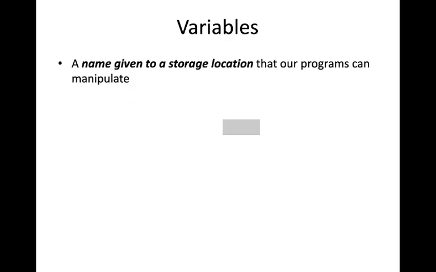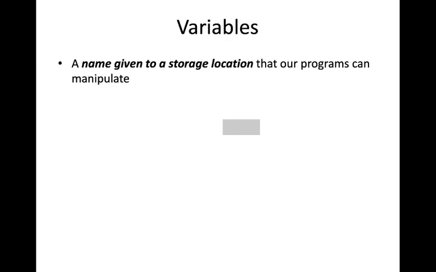Next is an important topic. What are variables and how to define and declare these variables? All these things will be covered. A variable is a name given to a storage location that our program can manipulate. I have already mentioned we require some variables to store information. When you want to read two numbers, those two numbers, number1 and number2, are called variables.